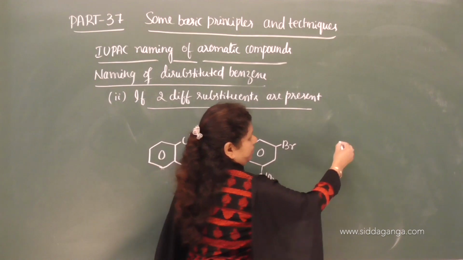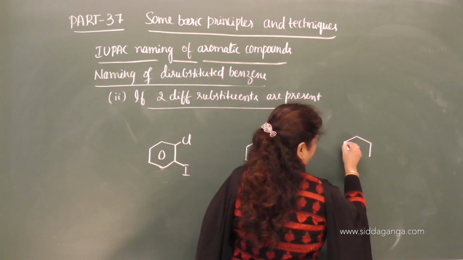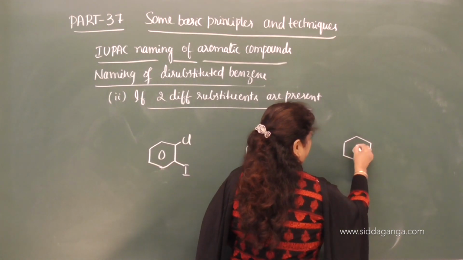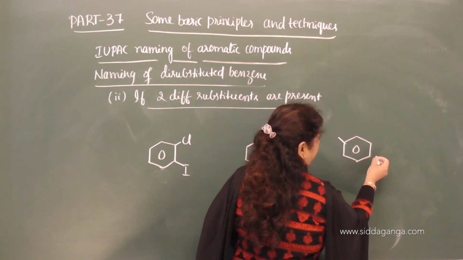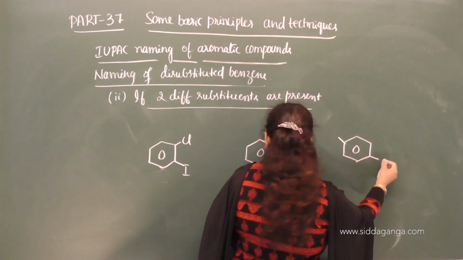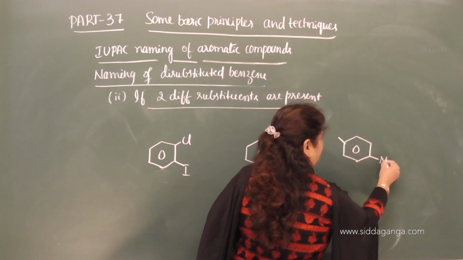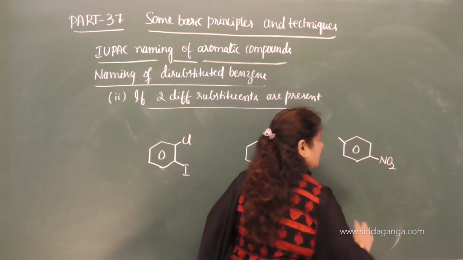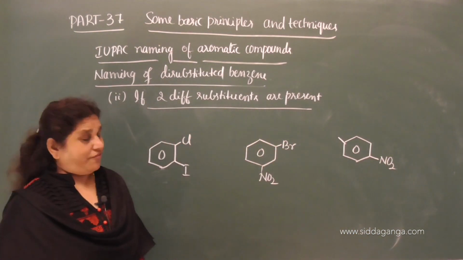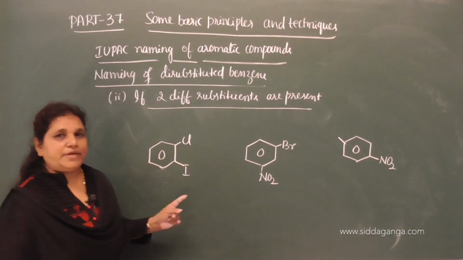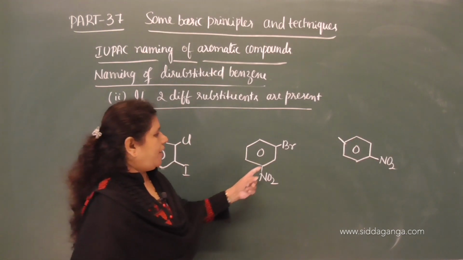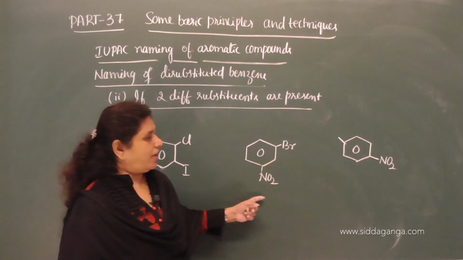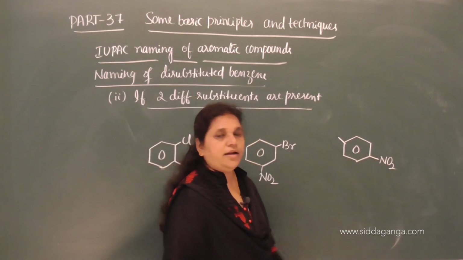Br, and one more, methyl, and this is NO2. See, 2 different substituents are present on a benzene ring. Here chlorine is there and here is iodine, and bromine and nitro, and here methyl and nitro.